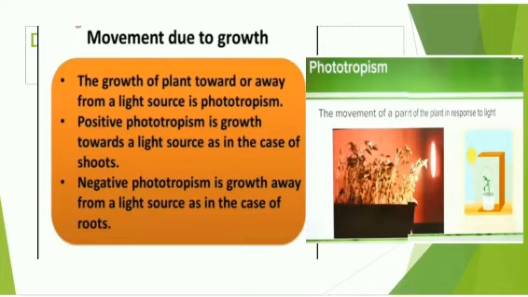Negative phototropism is growth away from a light source, as in the case of roots. So the example for positive phototropism is the stem, and for negative phototropism is the root.